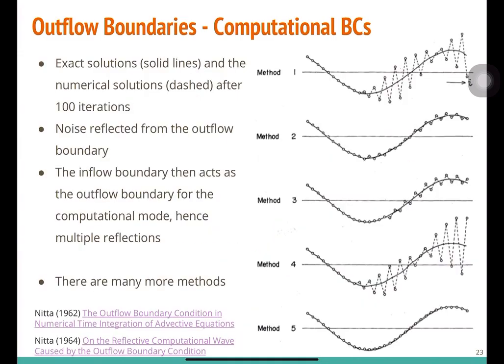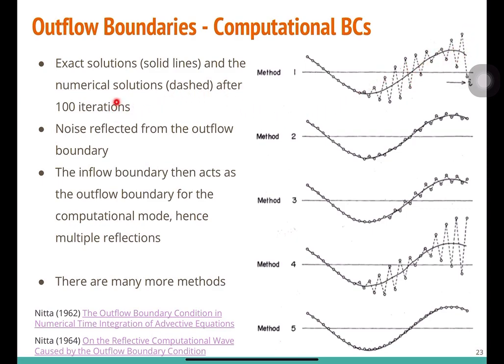Okay, so I have taken the graph from the papers in here, and I think they have listed 8 different methods. I have just shown you the first 5 methods so you can see the result. This is after the reflection. This is the original signal, what it should have looked like, and the dashed line is the computational mode.